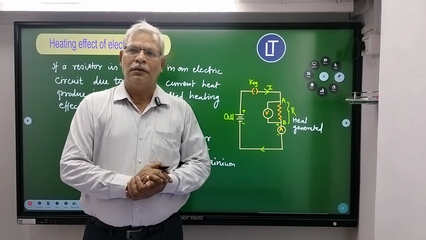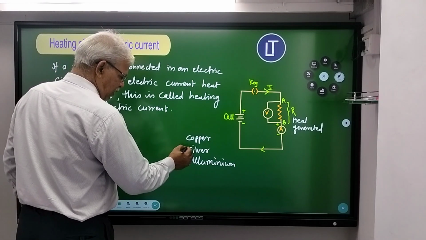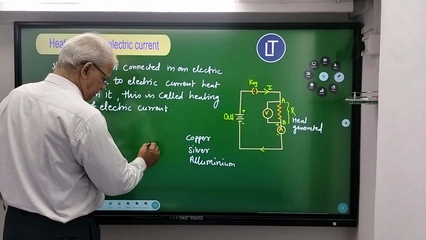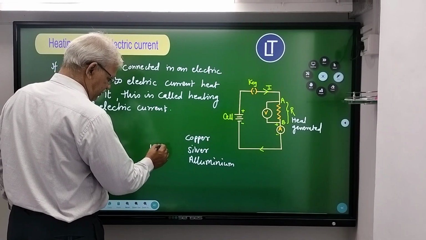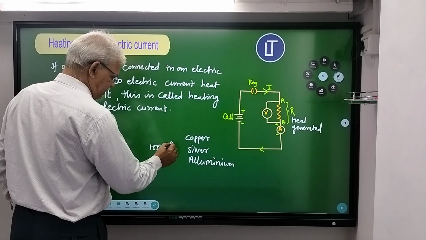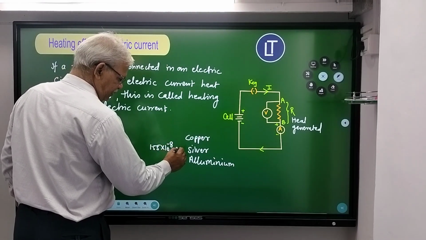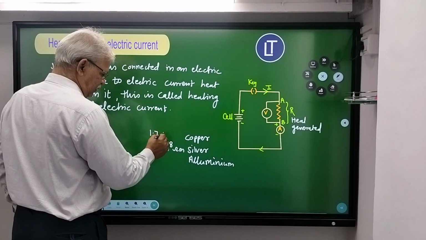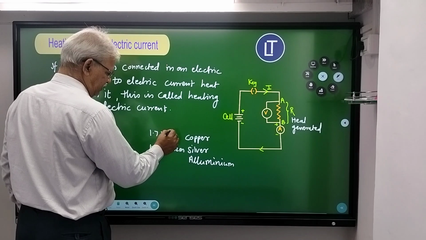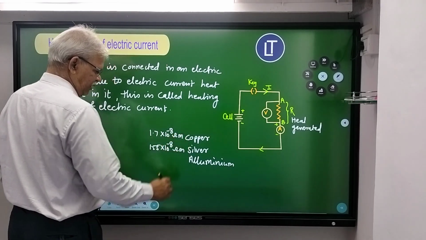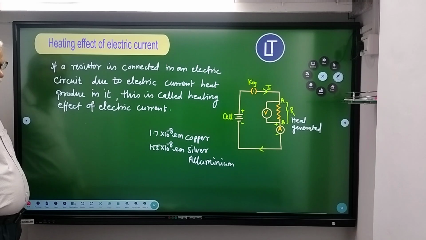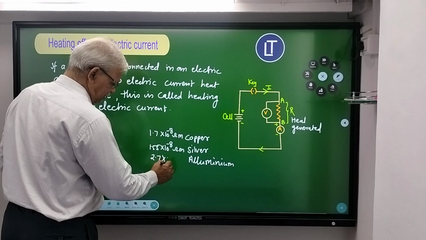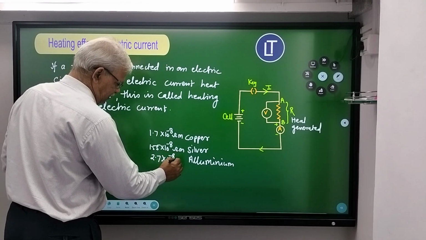The resistivity of silver is approximately 1.55 × 10^-8 ohm meter, that of copper is 1.7 × 10^-8 ohm meter, and that of aluminium is 2.7 × 10^-8 ohm meter.